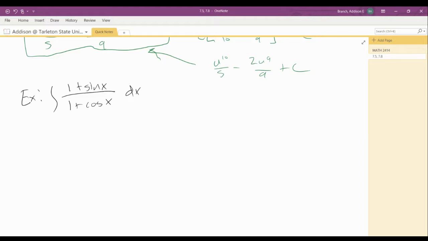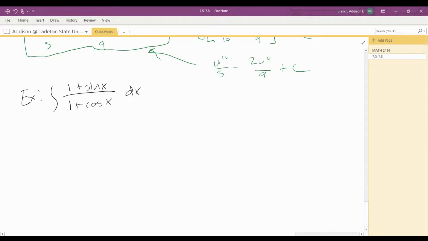On paper, we could try to split it up to get 1 over 1 plus cosine of x plus sine over 1 plus cosine of x. The only thing is that still doesn't really get us in a great form to do anything. You may be able to get something with it, but I personally may not try it.